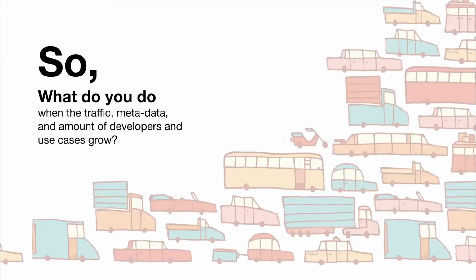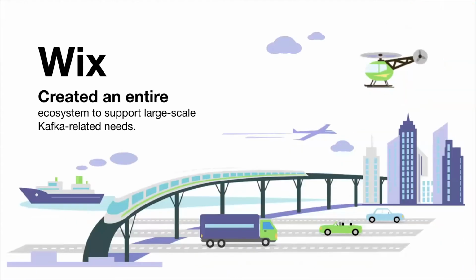So to summarize, what do you do when the traffic and metadata and amount of developers and use cases keeps growing? Well, at Wix, we created an entire ecosystem to support large-scale Kafka-related needs with tools, self-service, libraries, infrastructure, everything that our developers need in order to have the best support they can, and also our production environment to have the best debugging and investigation capabilities and robustness, of course, as well.